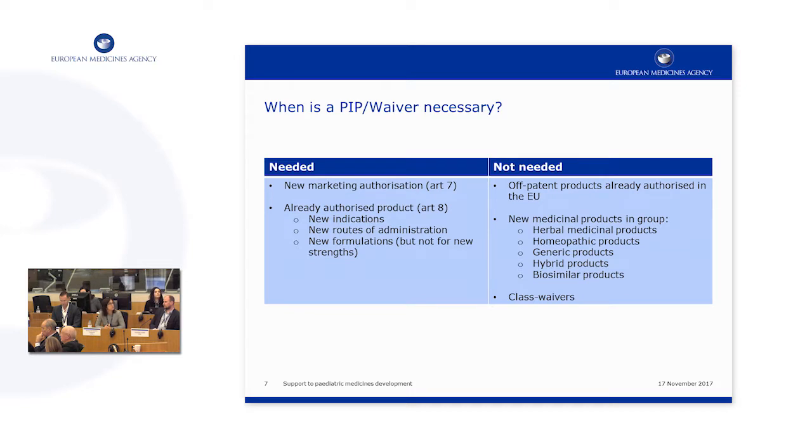On the right-hand side, you see when it's not needed to submit a PIP or waiver. This is the case for off-patent products already authorized in the EU, and for new medicinal products in the following categories, such as herbal medicinal products, homeopathic products, generics, hybrid products, and biosimilars. And also, of course, if you have a class waiver for a specific condition, you don't require a PIP or product-specific waiver.